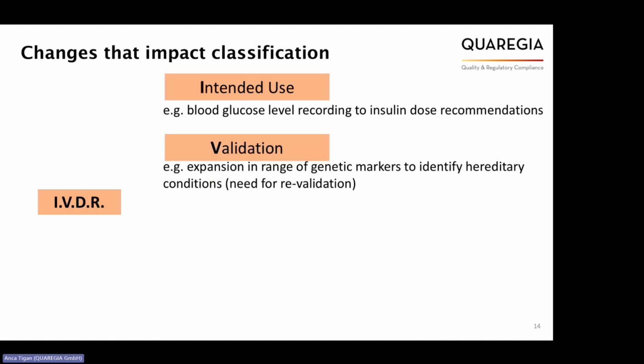V stands for validation, specifically the need for revalidation. So whenever one expands the range of input variables to a software, this triggers a need for revalidation, and this could impact the classification. So if there were, for example, an expansion in the range of genetic markers that are used in the software to identify hereditary conditions.